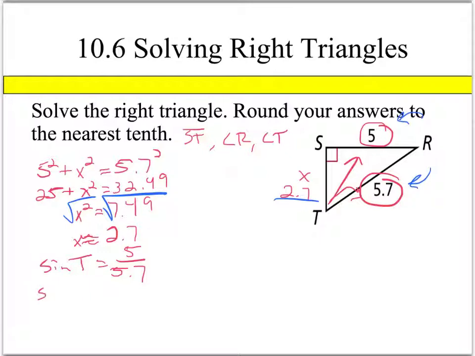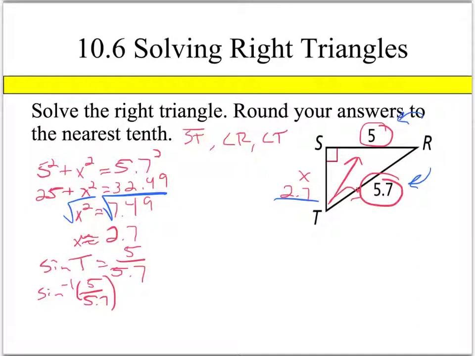I need to find the inverse sine of 5 divided by 5.7. The reason why I put both 5 divided by 5.7 is because I want to find an exact answer. I could divide 5 by 5.7 and round that off, but why?